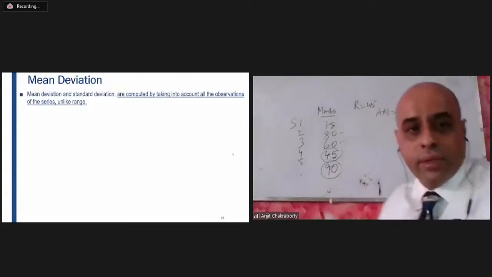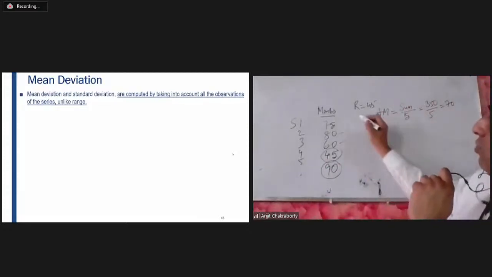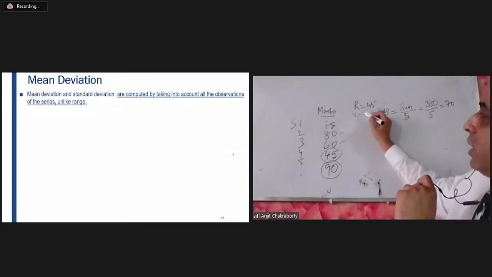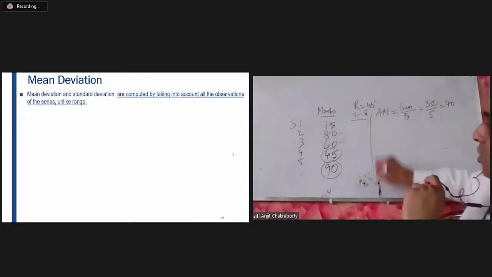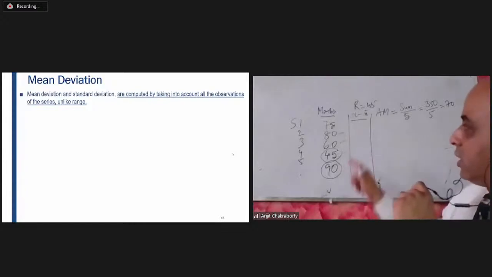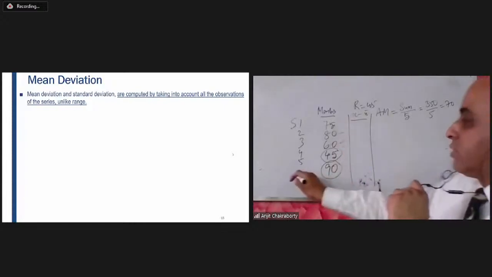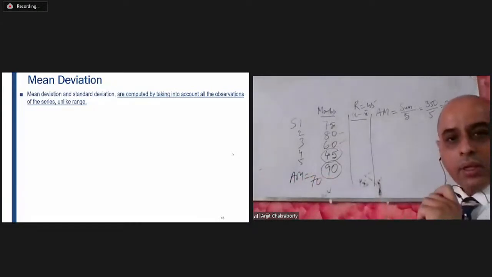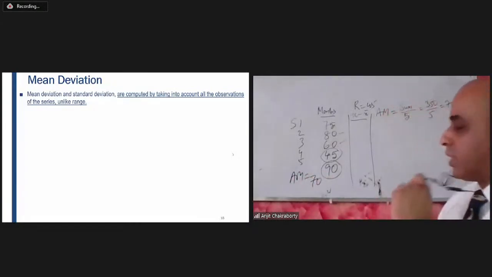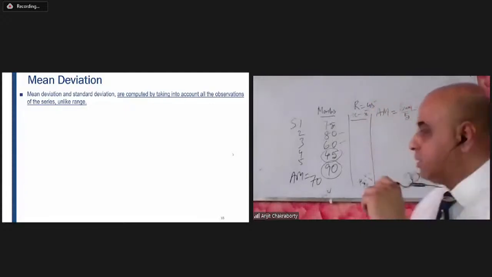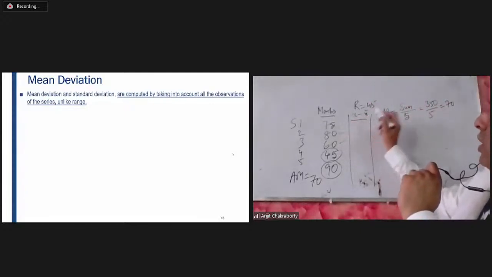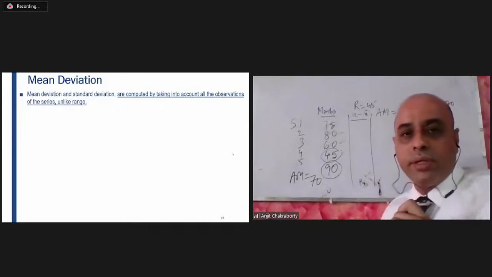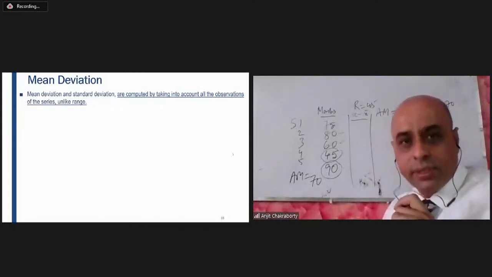Now please see carefully, mean deviation. Now we will find x minus the average, x bar. This column will be x minus x bar. For each observation, the arithmetic mean AM is equal to 70. So what is the deviation from the mean? For 75, the mean is 70. So the deviation is how much? 75 minus 70, that is 5.